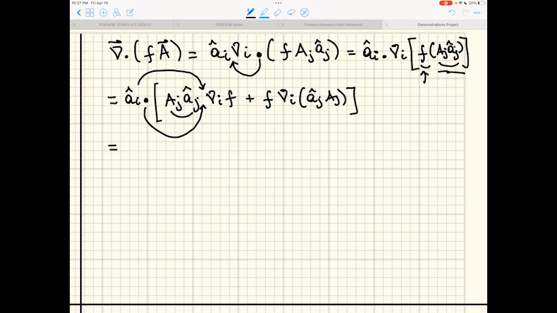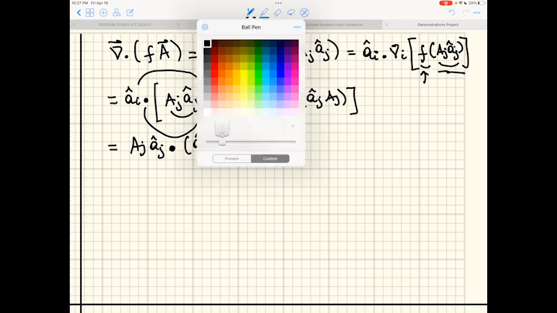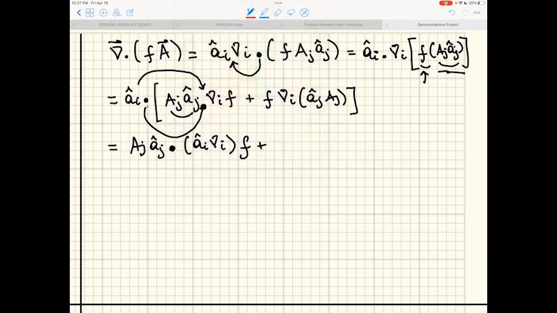So I'm going to make a dot product of a_j, capital A, lowercase a, dot, and pick a dot right here. a_i nabla_i applied to F plus, again, I pick the dot and go over here.